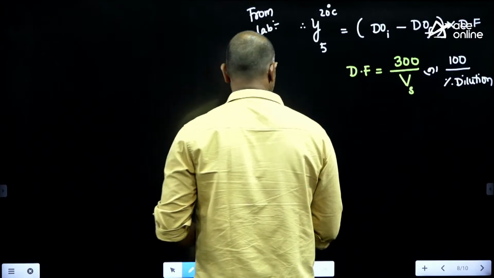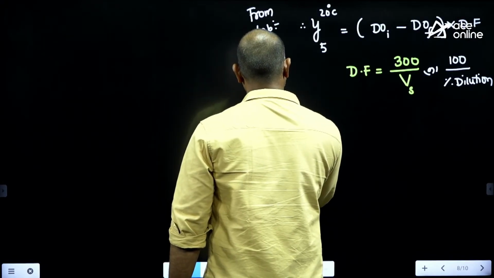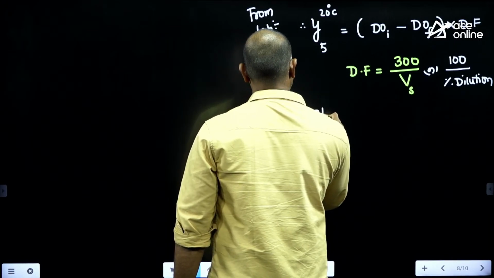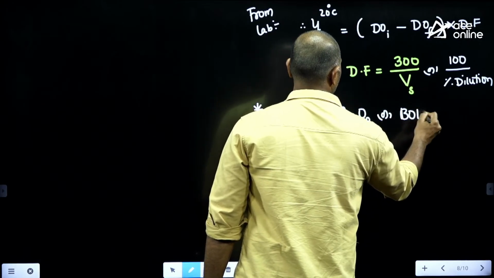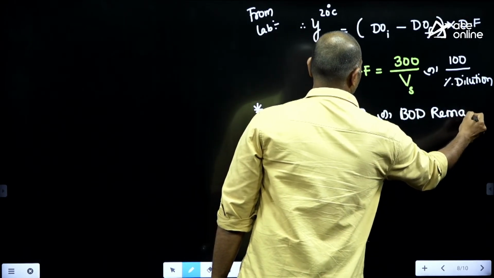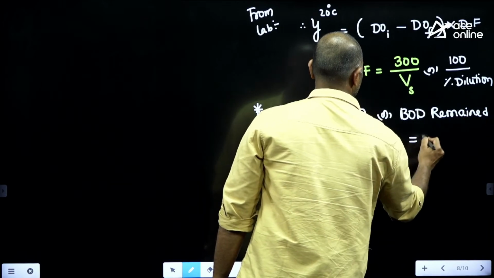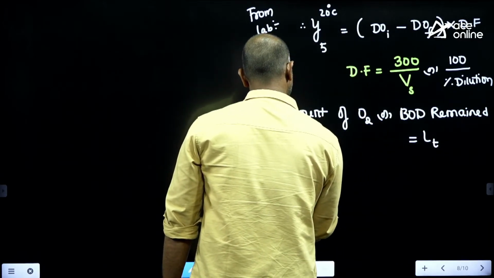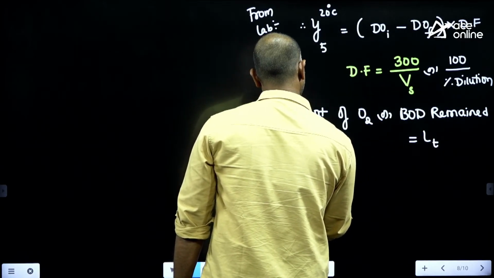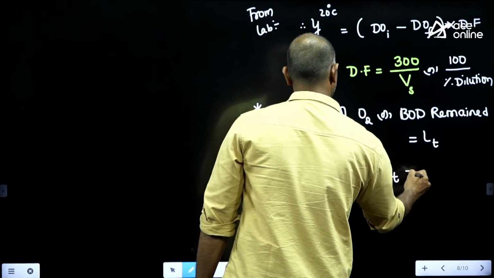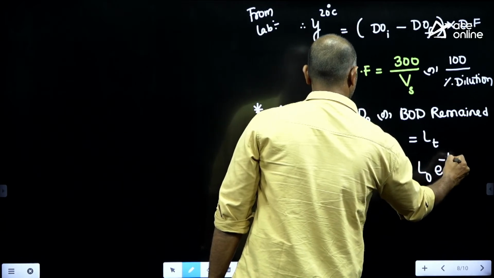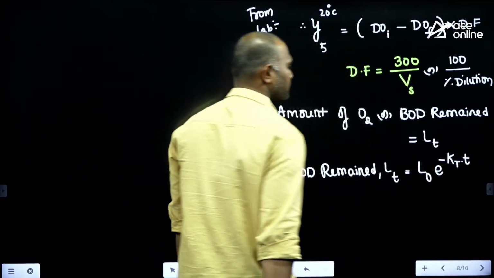And the amount of oxygen or BOD remained is equal to LT, which is L0 into e to the power of minus KT into T.